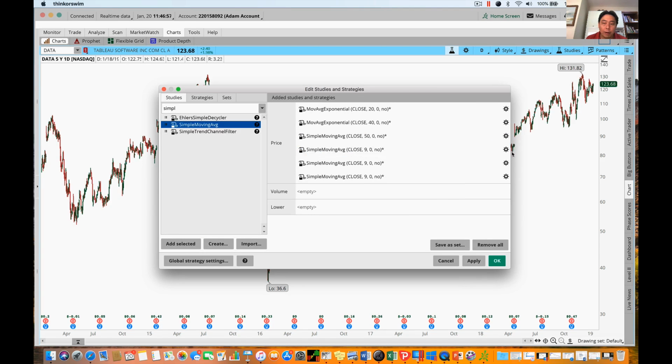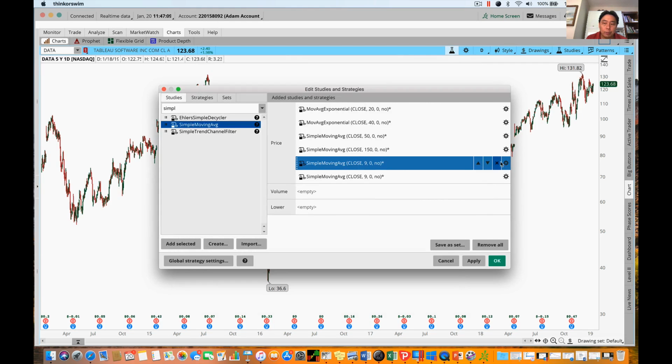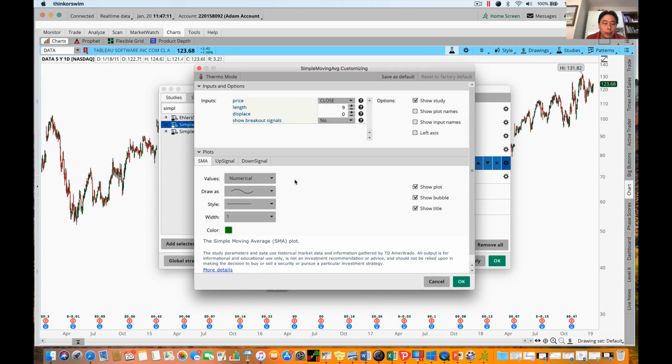Next would be the 150. Click on that to edit. It's really green, so just put it number 2, so it's a thicker line. Okay. Next would be, again, click on this widget. 200, sorry, oh, we forgot the 100.